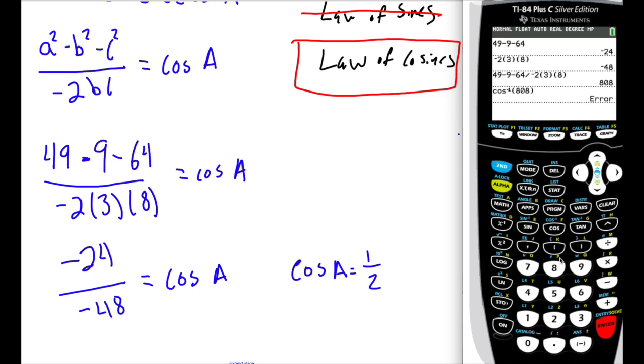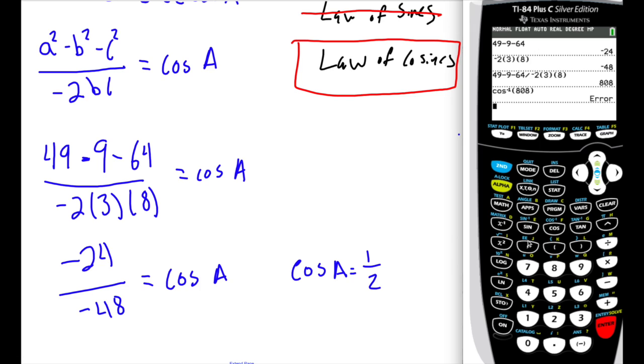And the reason that happened was because the calculator goes, all right, let's do PEMDAS. Oh, look, division. So what you want me to do is you want me to take 64, divide it by -2, then multiply the answer by 3, and then by 8, and then you want me to subtract. But that's not what we want to do. We want to do this top, then the bottom, then the division.